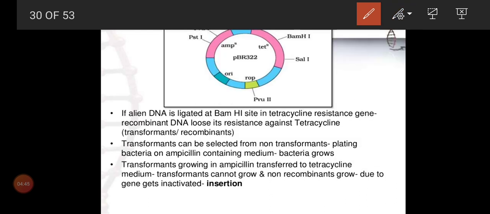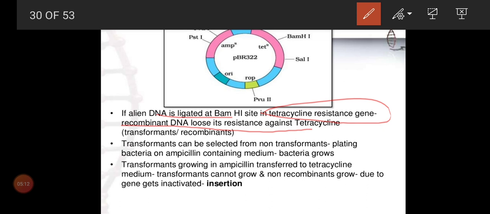So alien DNA is ligated, ligated means joined, at BamHI. BamHI is the restriction site, so we used the BamHI enzyme to cut over that site. And normally, as I told, if we cut at BamHI, the recombinant DNA loses its resistance against tetracycline.